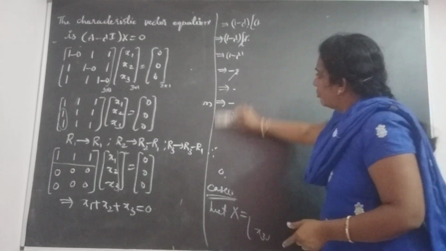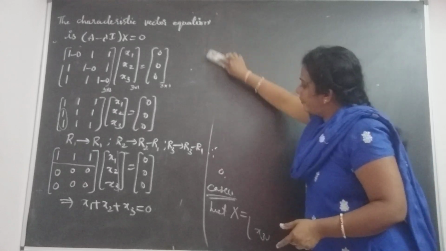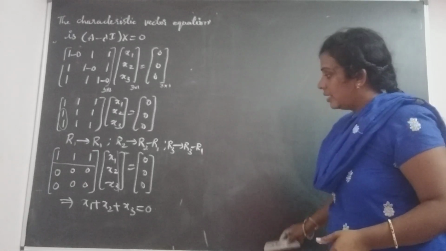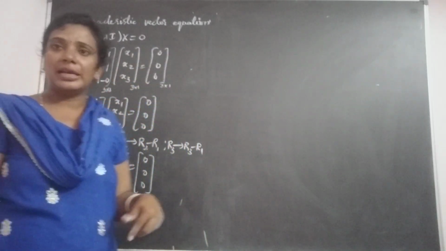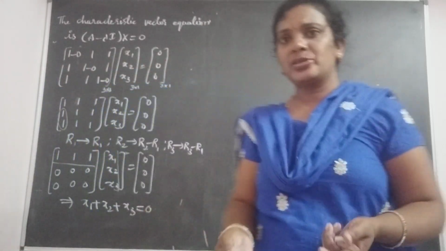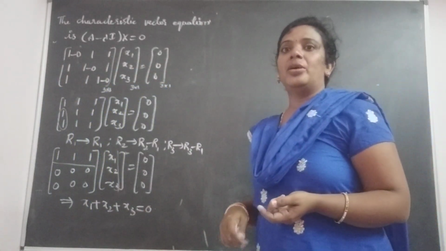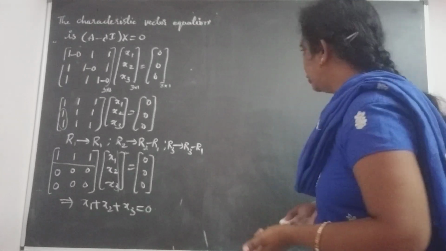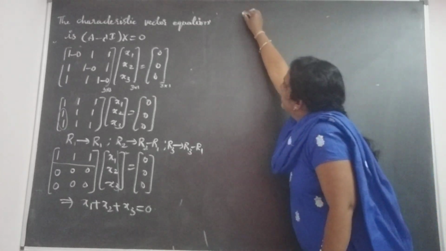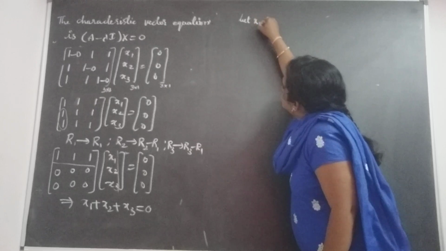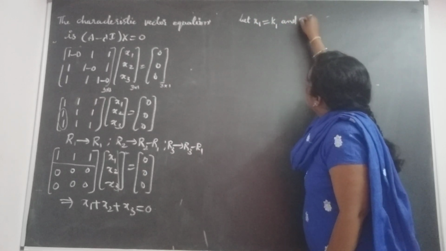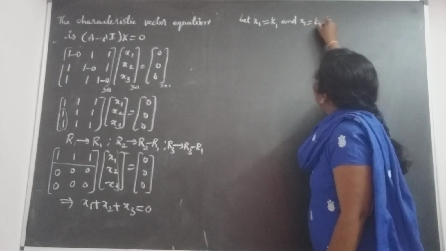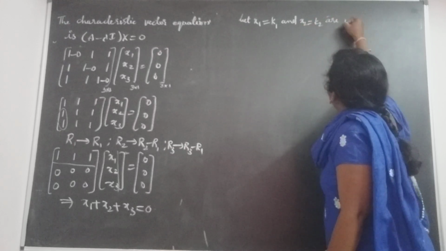By the rank of the matrix, how can we find out the consistency? In this, we can take any two variables as parameters, either x1 x2, or x2 x3, or x1 x3, our wish only. I am taking here x1 equal to k1 and x2 equal to k2 as parameters.